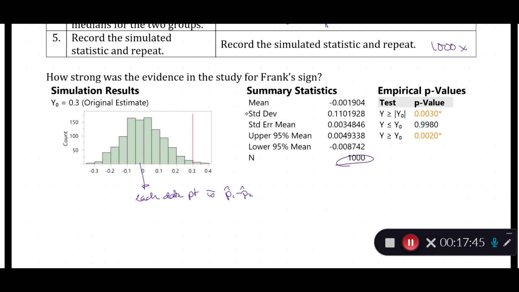What this does is assume that there is no difference, that on average the true difference is 0. So this assumes that earlobe crease occurs randomly throughout the population. That is, it occurs with equal probability for patients with and without coronary artery disease.